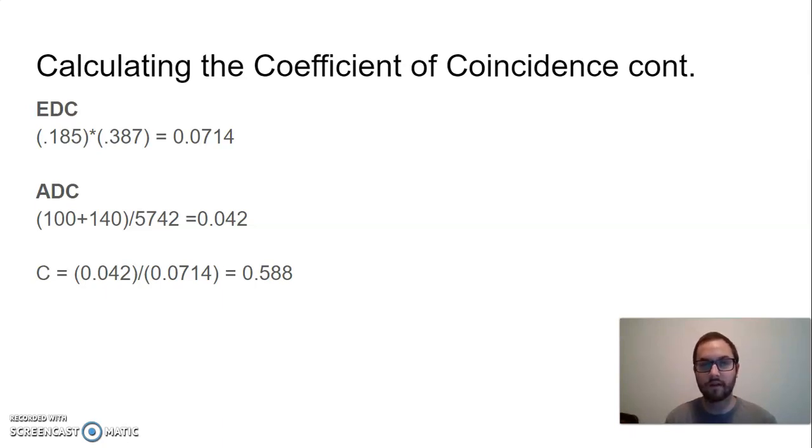And the actual double crossover event is just taken from the raw data, which is 100 plus 140, because those are the actual number of cases that had a double crossover event. We divide that by 5,742, and we get 0.042. So if we divide the actual double crossover events by the expected double crossover events, we will calculate the coefficient of coincidence. For this case it is 0.588.